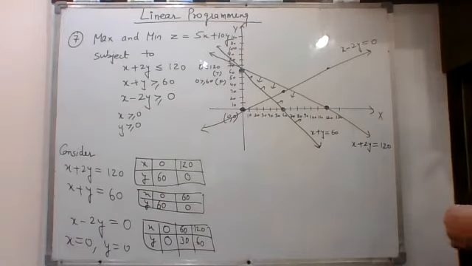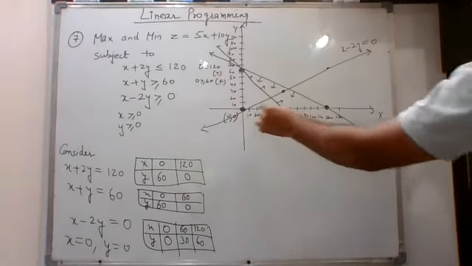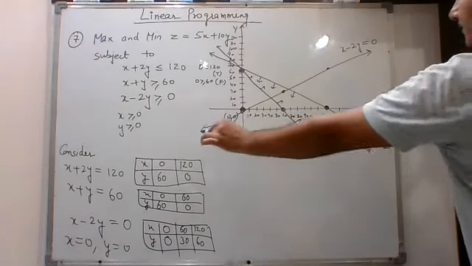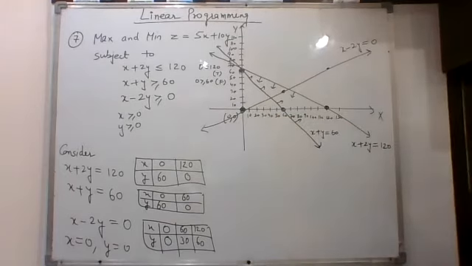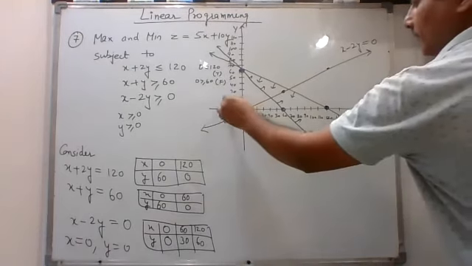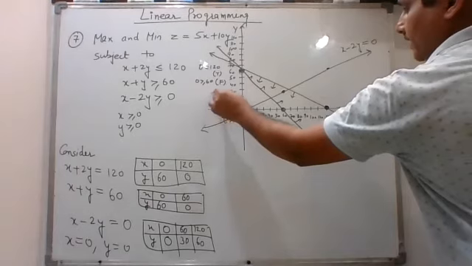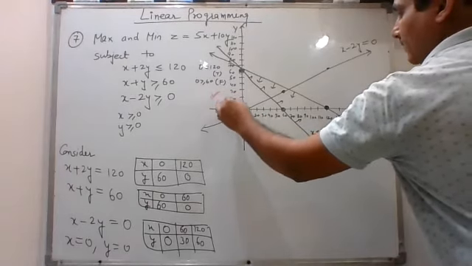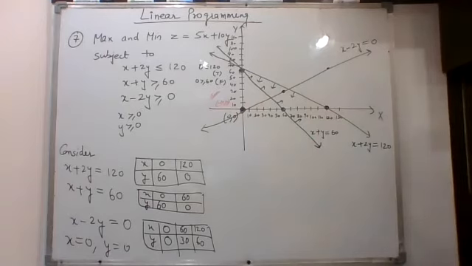Okay, now, how to decide the direction of the third line? This is very important. You cannot decide the direction of this line by taking 0, 0 into consideration because this is a line which is passing through 0, 0. So in order to decide the direction of this third line, let us take a point from this quadrant. I am taking minus 10, 10. We can take any arbitrary point from this coordinate.